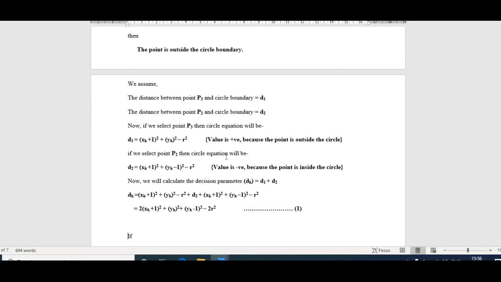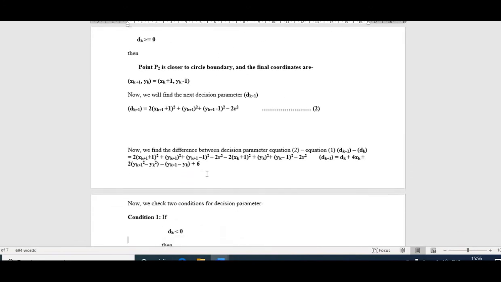This is the formula. The value is positive because the point is outside the circle, and negative because the point is inside the circle. This d2 point is inside the circle, and this d1 is outside the circle. That's why here it is (xk plus 1) square plus yk square, and here (xk plus 1) square plus (yk minus 1) square minus r square. Okay.